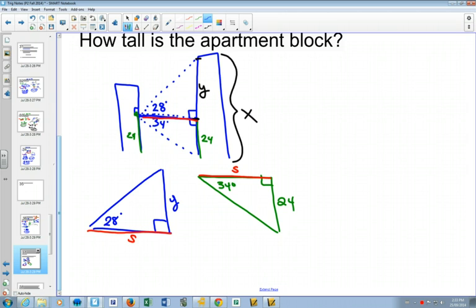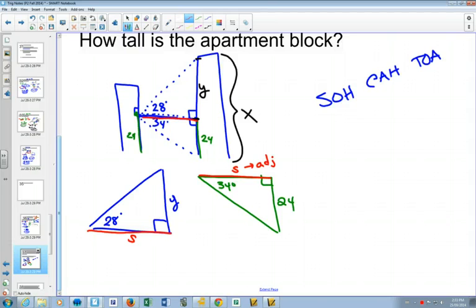So our definitions, SOHCAHTOA. We look at this. We want to find s, given the angle 34. Because we're going to have to use that 34. S is our adjacent side.